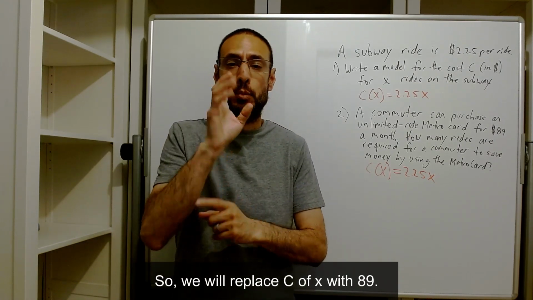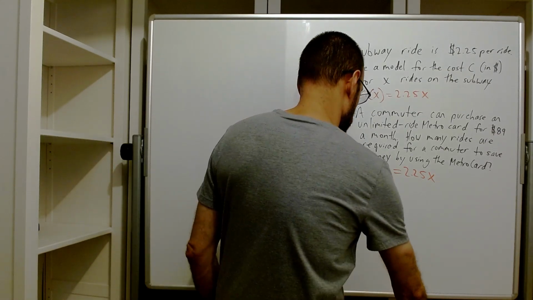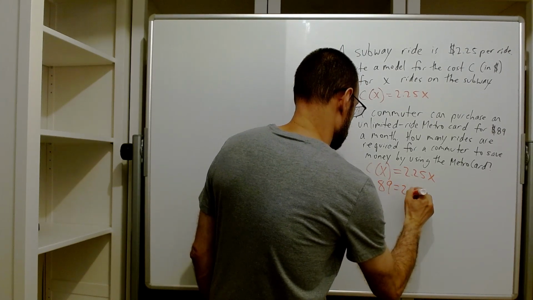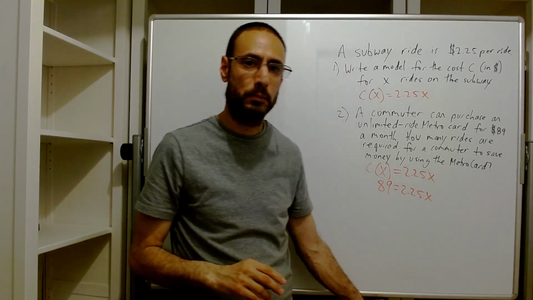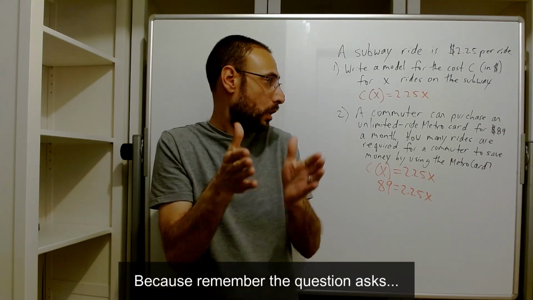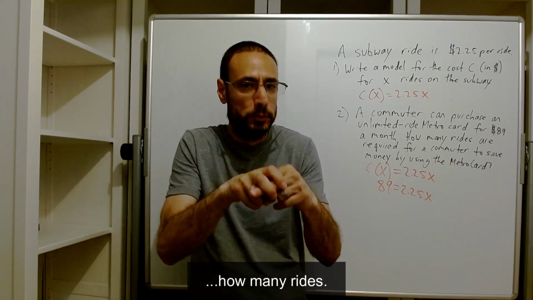So, we will replace C of x with 89. We are trying to solve for x. Because remember the question asks, how many rides?